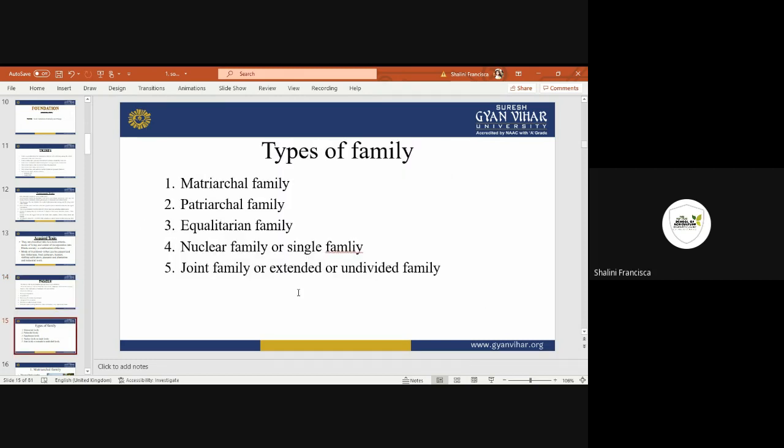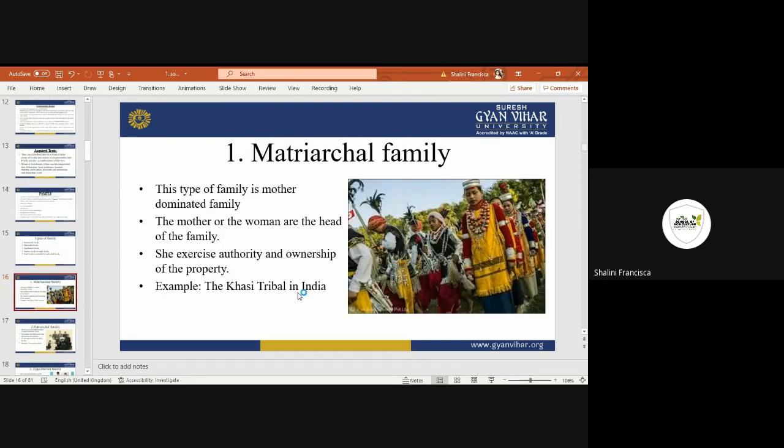Then we come to the family types. First is matriarchal family, patriarchal family, equitarian family, nuclear family or single family, joint family or extended or undivided family. So first we will talk about the matriarchal family.